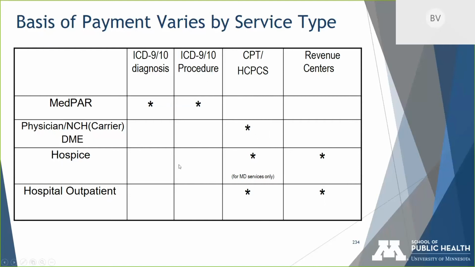In the hospice file, we are limited to CPT or HCPCS codes, and we have information based on revenue centers that are sent from the provider to Medicare. And for the hospital outpatient file, we have HCPCS procedures and revenue centers.